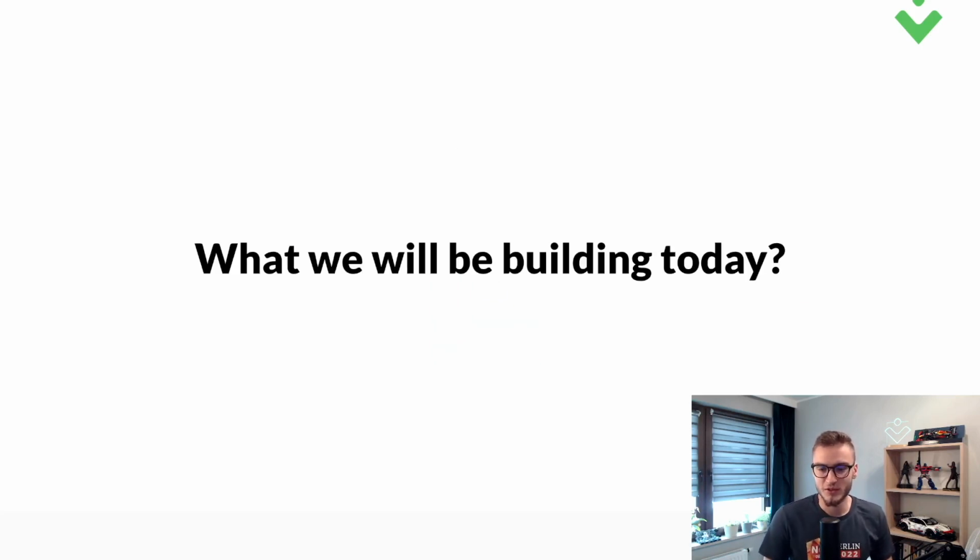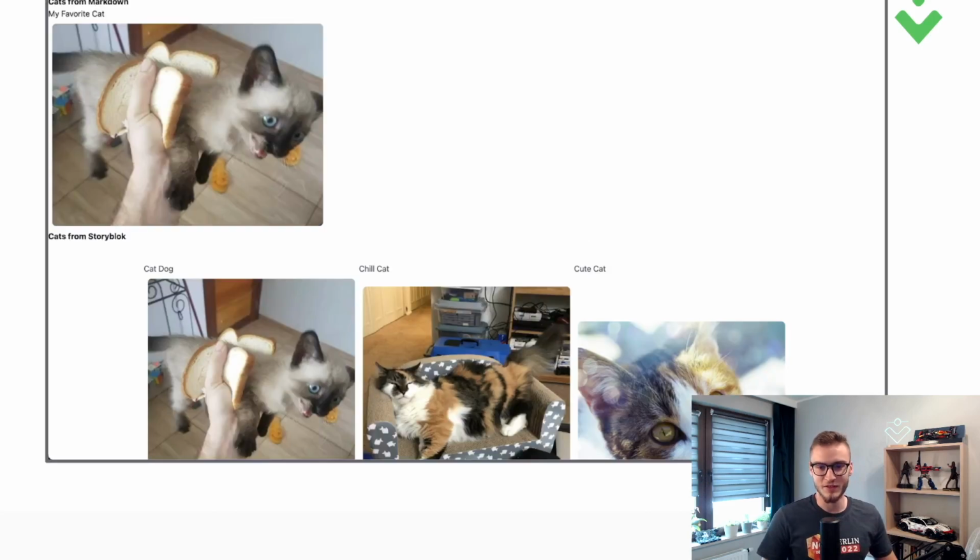So what will we be building today? We will be building something like this. As I mentioned, it won't be beautiful, but I am the guy who prefers how a website works over how it looks. So in this demo part, I'll be focusing mainly on the functionality.